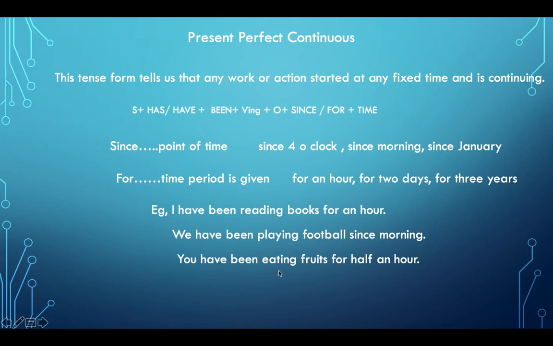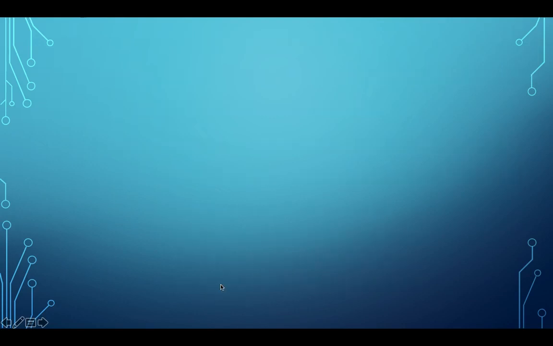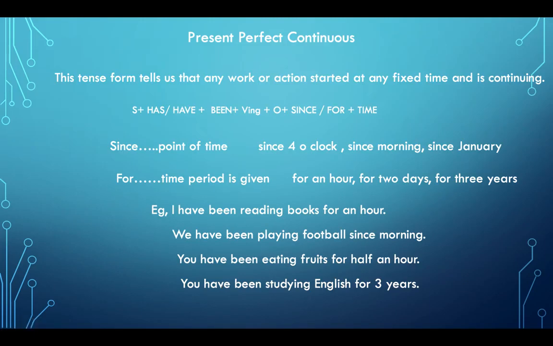Let's take up the third example. When I say you have been eating fruits for half an hour, here the action of eating fruits started at a fixed time, that is half an hour before, and it's still in progress. A particular time period is given, so I have used here for. Let's take up another example. When I say you have been studying English for 3 years, it means that the work started sometime 3 years ago and it's still going on.